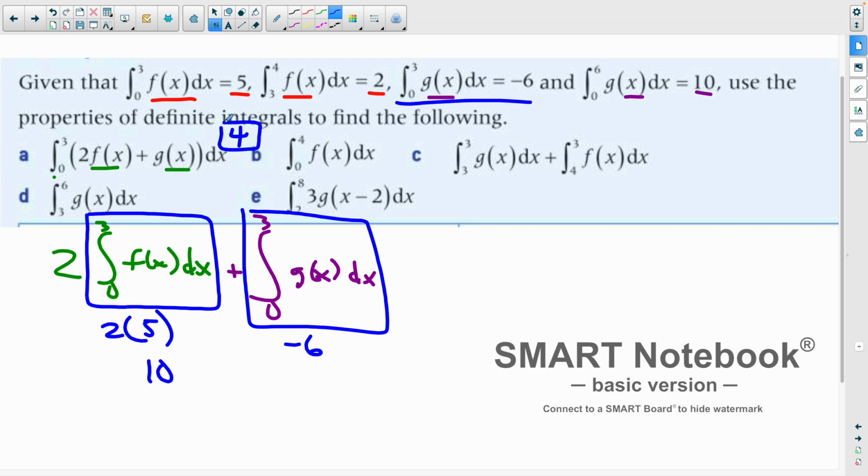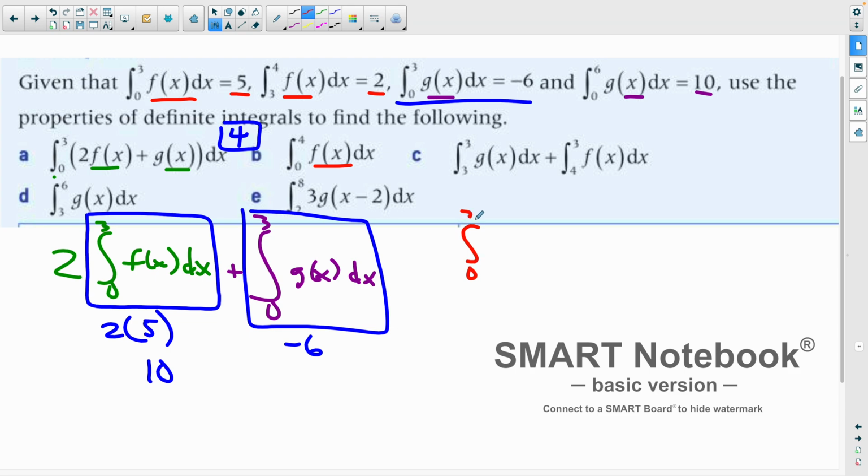All right. Let's try the next one. On B, I'm only looking at f of x, and I'm looking at it from 0 to 4. Did they give me from 0 to 4? No, what did they give me? 0 to 3 and then 3 to 4. So basically what we could do is this last property that we just talked about.